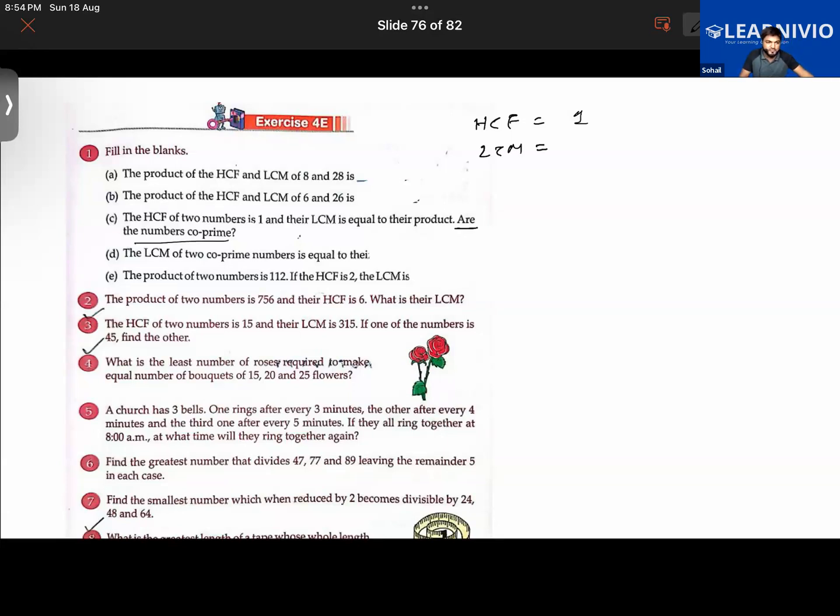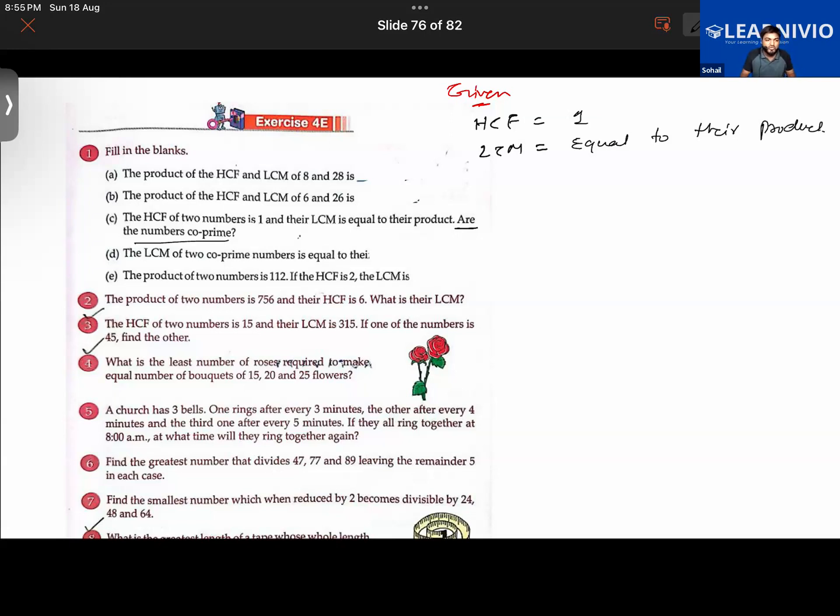Let us first try to understand what is given in the question. The first thing given is that HCF is 1, and LCM is equal to their product.